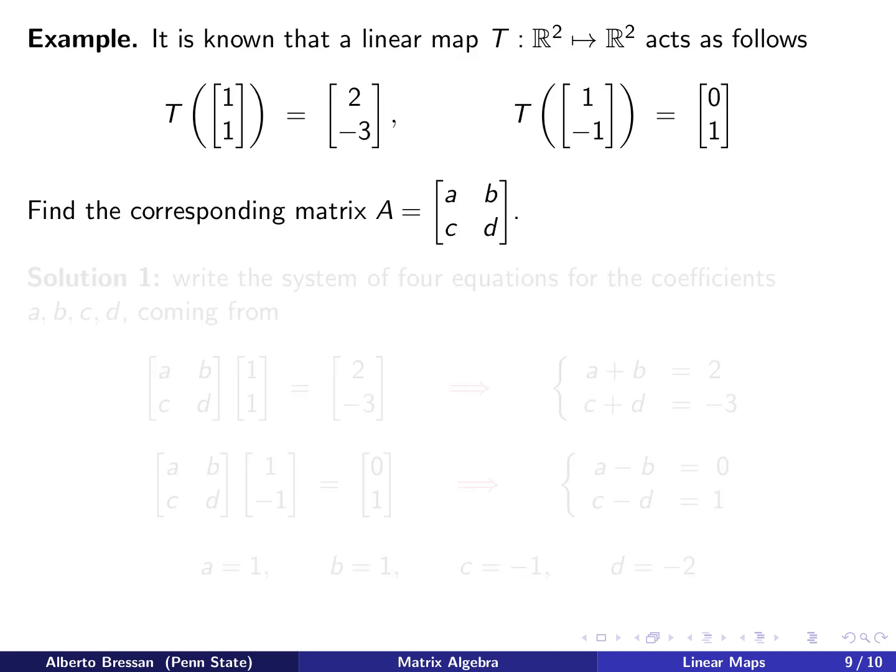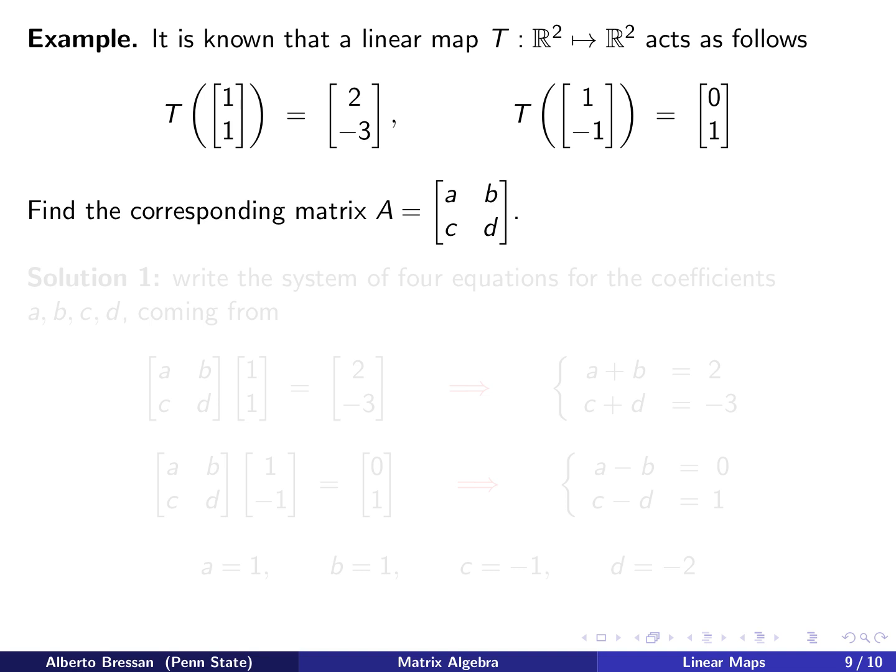Okay, let's take some examples, some homework type of problems that we could encounter. Let's see, we want to find our linear map if we know certain properties of it.